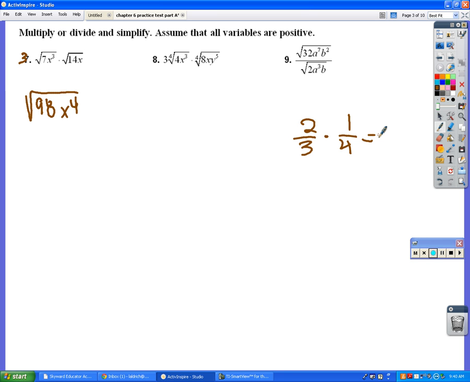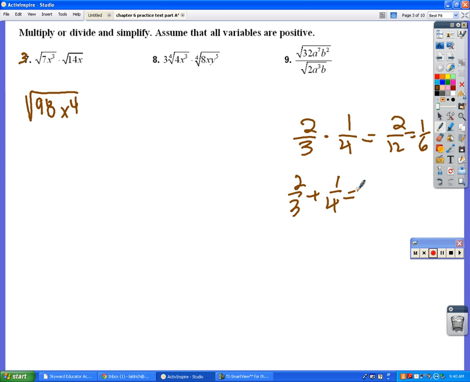I just go 2 times 1 is 2, 3 times 4 is 12, and reduce that to 1/6. But if I'm going to add those fractions together, what do I have to do first? I have to get a common denominator, because these essentially have to be like terms. So multiplication and division, you can multiply and divide anything you want together. But when you're adding and subtracting, they have to be the same thing for it to work.